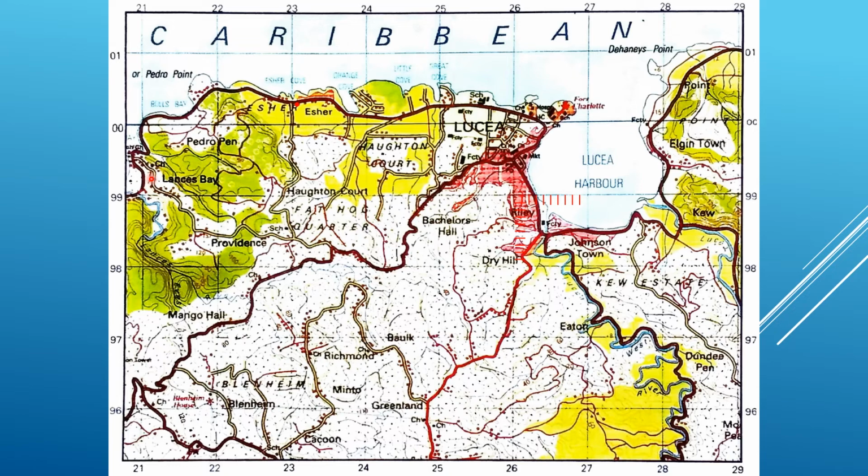All right, let's try to find the 6-figure grid reference for the road junction right here. Here we have our road junction at Esher in Hanover, just outside of the town. And we want to find out what is the 6-figure grid reference of that place.